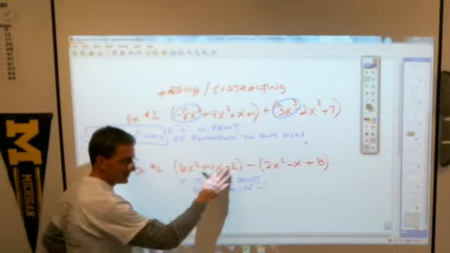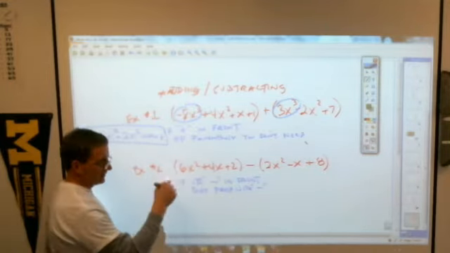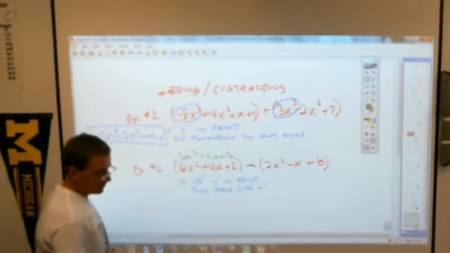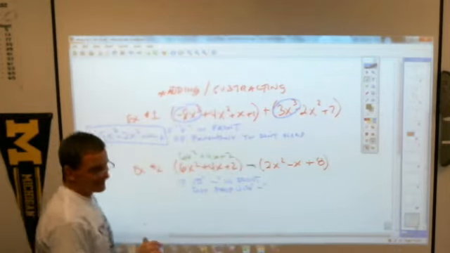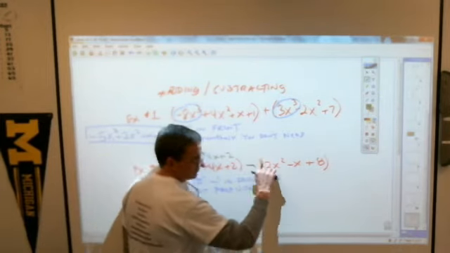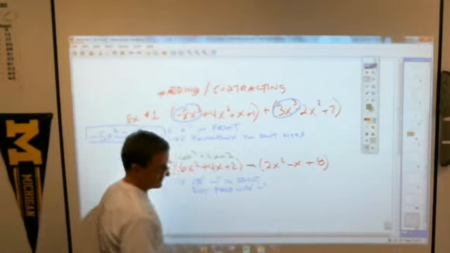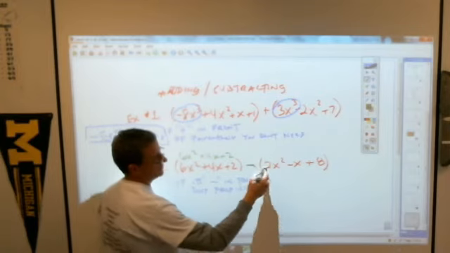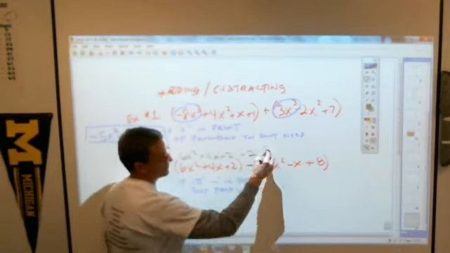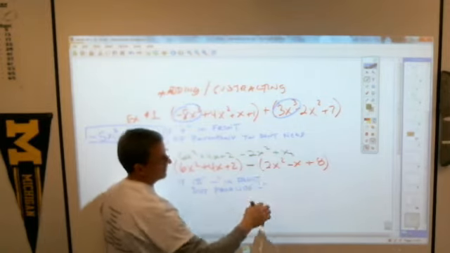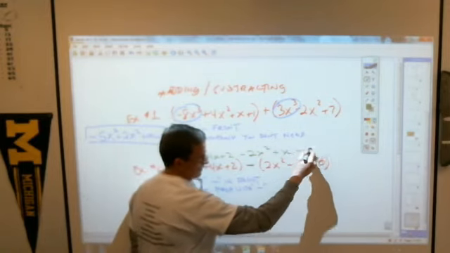So this parenthesis you don't even need. You could just rewrite this as 6x squared plus 4x plus 2. But this, ladies and gentlemen, is where the wheels always fall off. If there is a minus sign in front of that parenthesis, you have to distribute that minus sign to everything in the parenthesis. So really it just means everything in the parenthesis changes to its opposite sign. This becomes a minus 2x squared. Minus a minus x is actually plus x. And minus a positive 8 is actually minus 8.